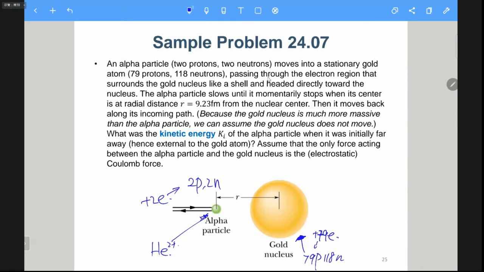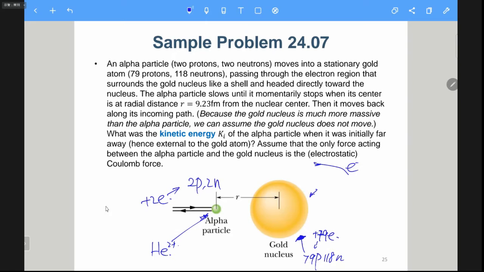Okay, so passing through the electron region that surrounds the gold nucleus like a shell and hitting it. Of course, the gold atom should have some charge outside it, but here we only concern the gold nucleus, so we only consider the protons and neutrons here.